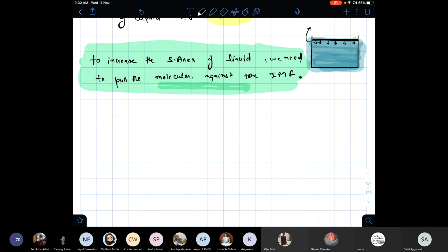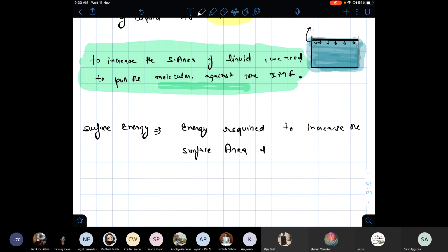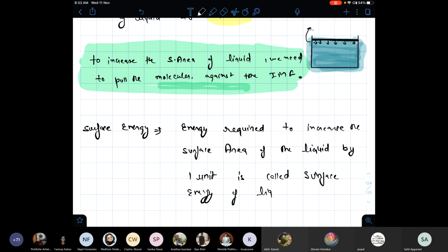No. I'll write surface energy. Surface energy: energy required to increase the surface area of the liquid by 1 unit is called surface energy of liquid.